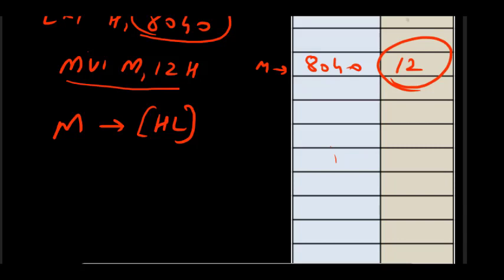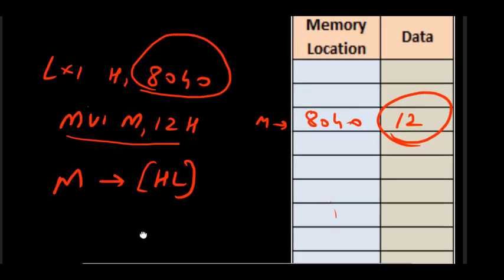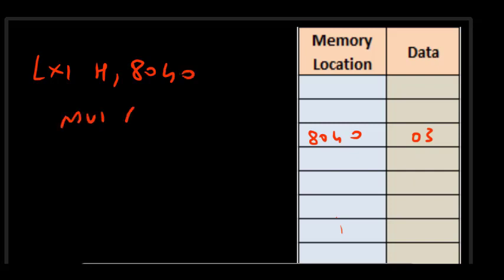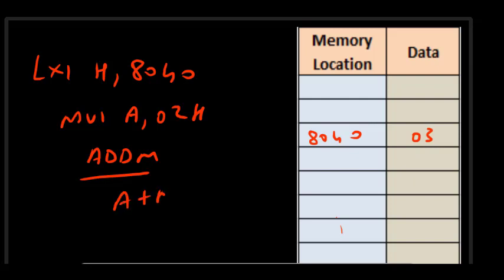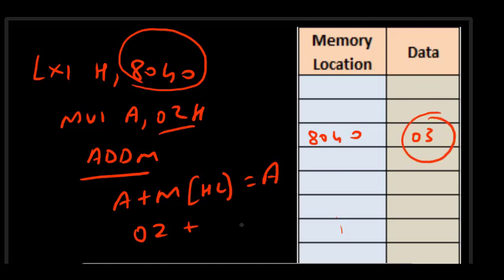So let us see this with an example. Suppose we have some memory location 8040, and 03 is stored in this location, and we write LXI H 8040, and then MVI A, let us take 02H, then we write ADD M. Now this instruction ADD M will add the contents of register A with the contents of the memory location, which is of course pointed by the HL register pair, and store the result in register A. So A is 02, and the content of the memory location pointed by HL, 8040, is 03.